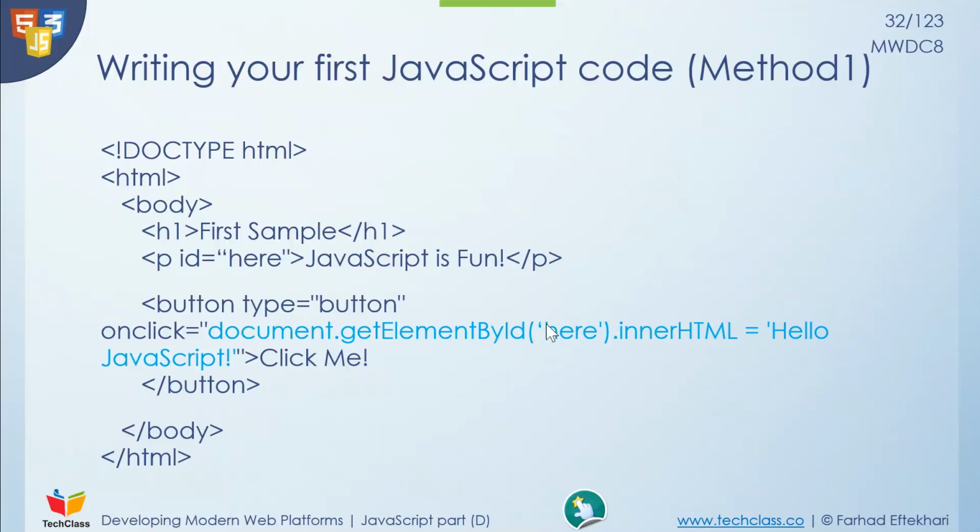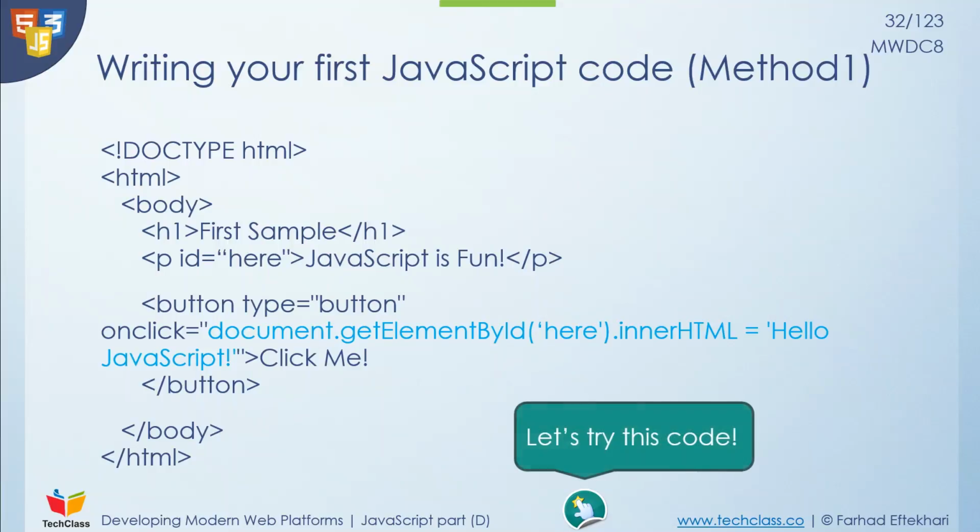This is the quotation, but this is not the quotation. So you may cause an error if you don't change it, and then the web page will not work according to your expectations. So as I told you, copy paste or write this piece of code, and it's going to be your very first JavaScript code.